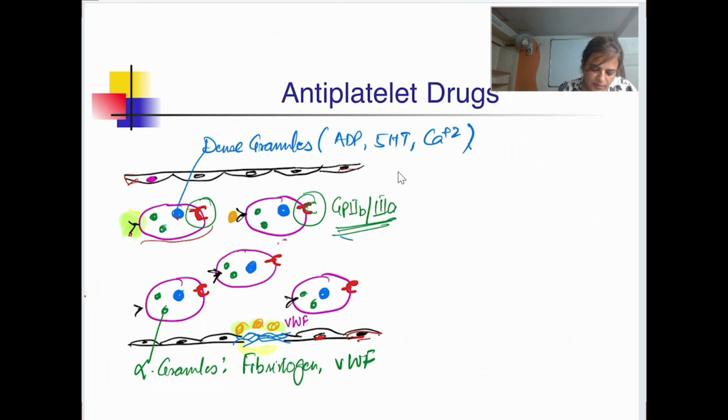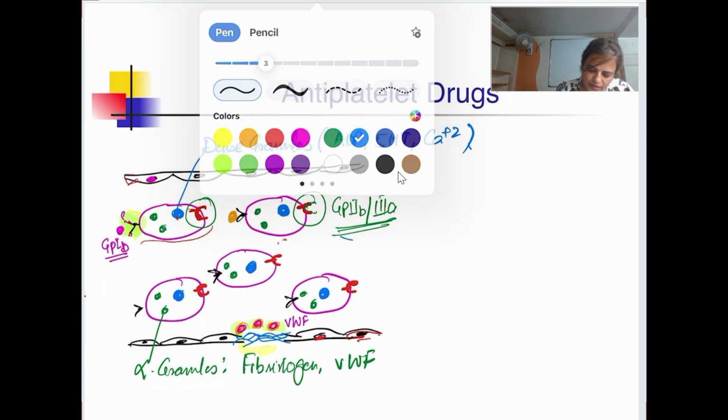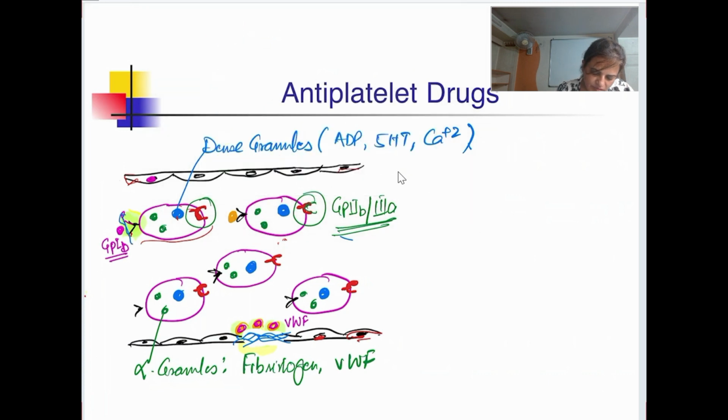Now on the surface of the platelet there is one type of receptor, the GP1B receptor. Now what happens on the GP1B receptor? This collagen along with the von Willebrand factor is going to bind here like this. This is von Willebrand factor, and this is collagen.